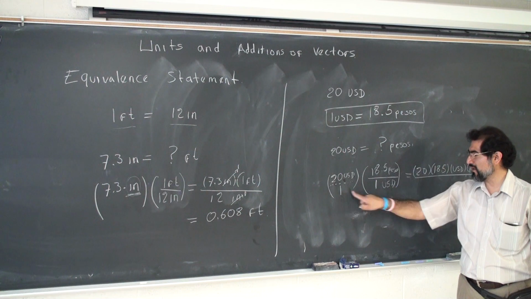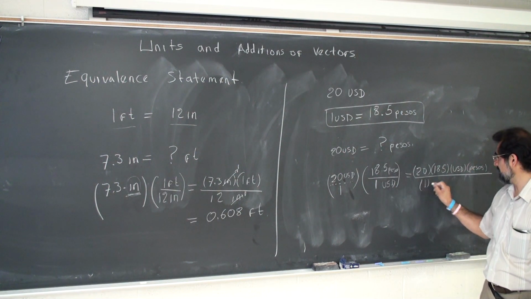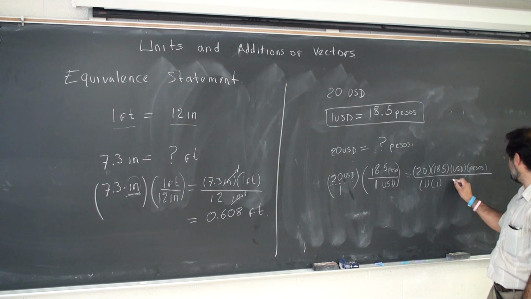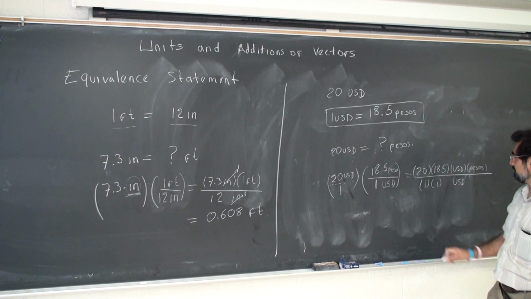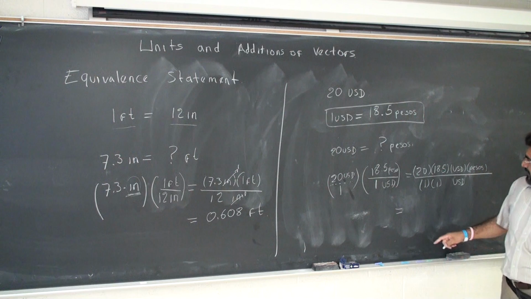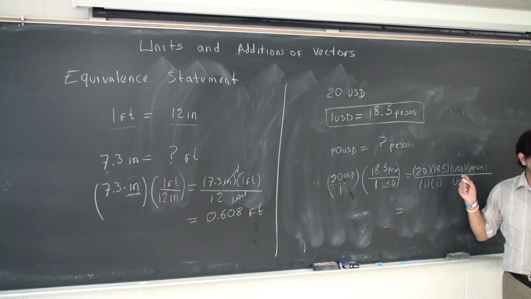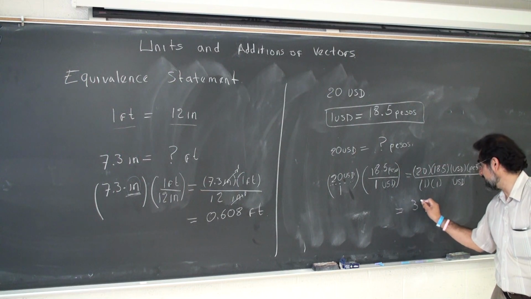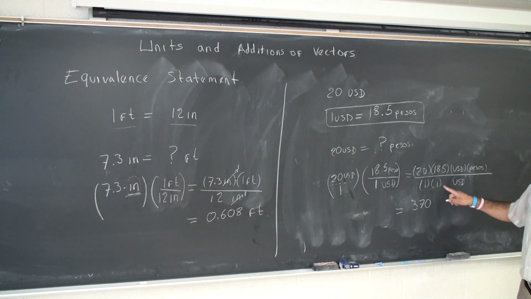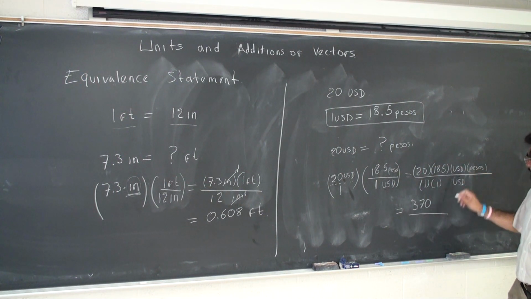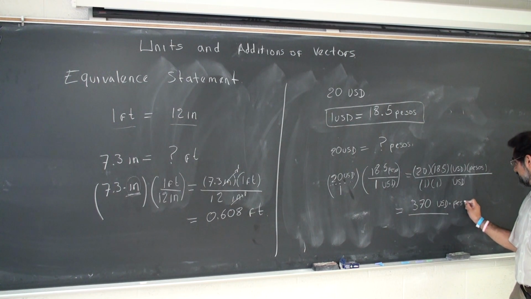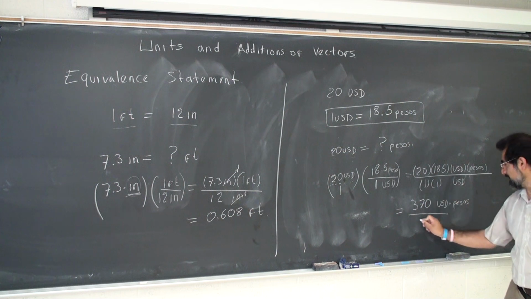And take 1 times 1, it's going to give me 1. And the only unit in the denominator is going to be dollars. After multiplying 20 times 18.5, we are going to have 370. We have dollars times pesos, and 1 times 1 is 1.